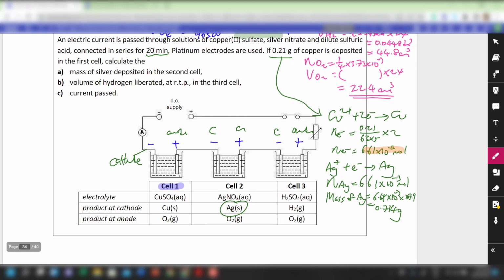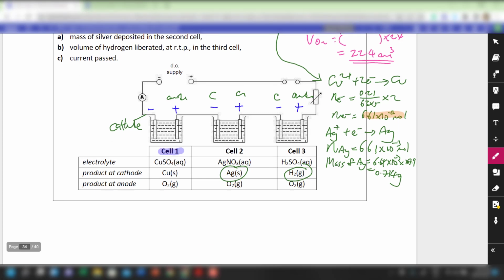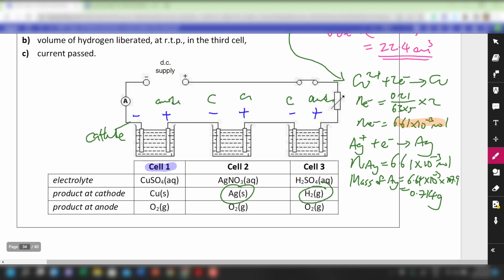And then for part B, the volume of hydrogen liberated at room temperature and pressure in the third cell. Again, the number of moles of electrons transferred must be the same. For the third cell to liberate hydrogen gas, we need to write a balanced equation for the cathode. That will be 2H+ plus 2 electrons gives H2. So the ratio of electrons to hydrogen is 2:1.